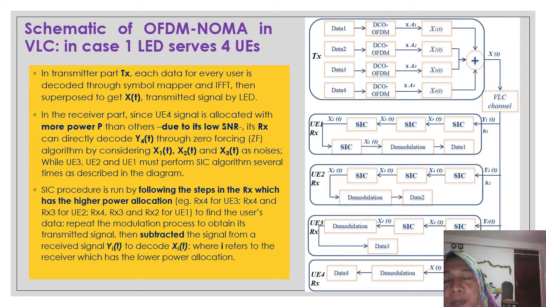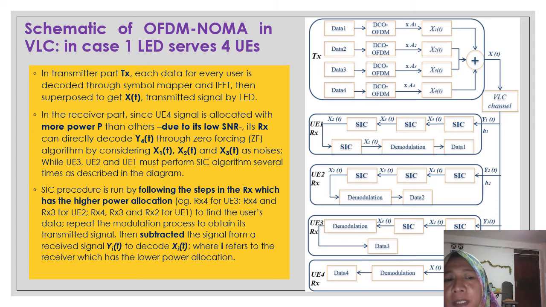The SIC procedure is run by following the steps in the RX which has the higher power allocation, to find the user's data. By finding the user's data, the corresponding receiver can repeat the modulation process to obtain its transmitted signal.